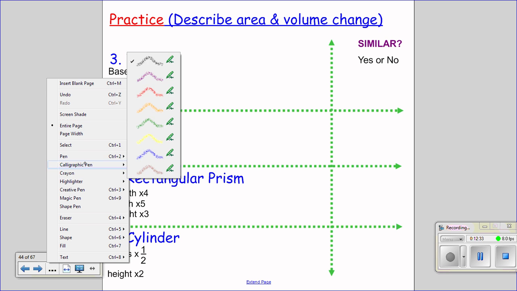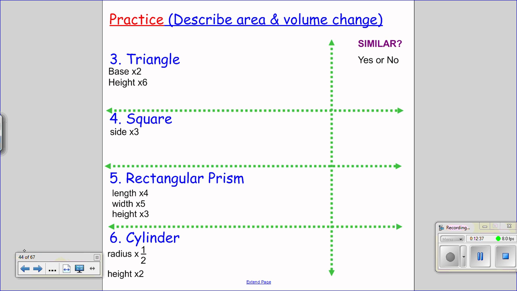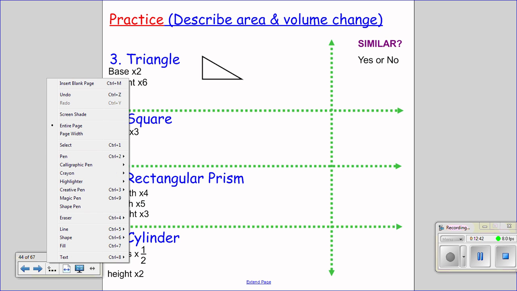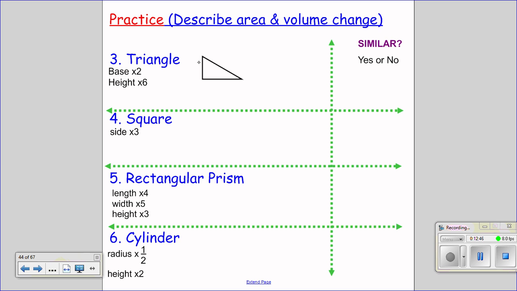So the first one is talking about a triangle. And we need some dimensions. So again, I'm going to keep it as simple as I can. So let's say 2 and 3 are my original dimensions. Let's find the original area. Again, area is base times height over 2. So that would be 3 times 2 over 2, which is 3.